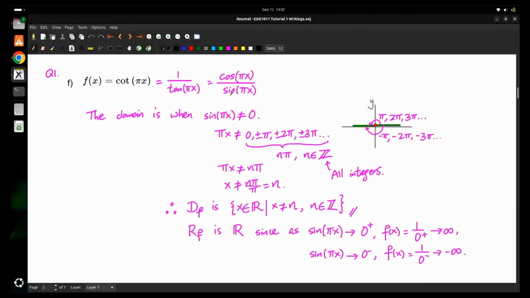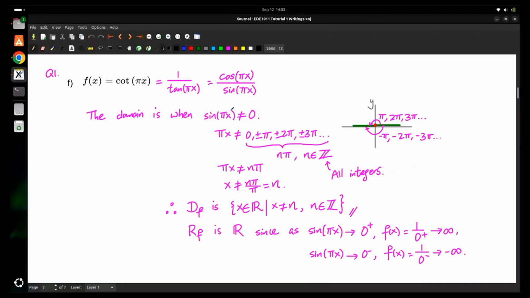So you can see that if you have division by 0 here, then of course your 1 over tangent or cotangent will be undefined. So therefore I've written here that the domain is when the denominator here is not equal to 0. Because if it equals 0, then it doesn't form part of the domain. So then all we need to do is work out when the angle is 0.